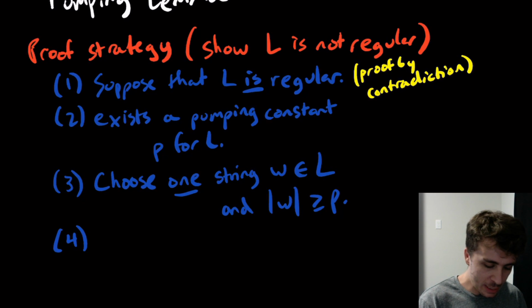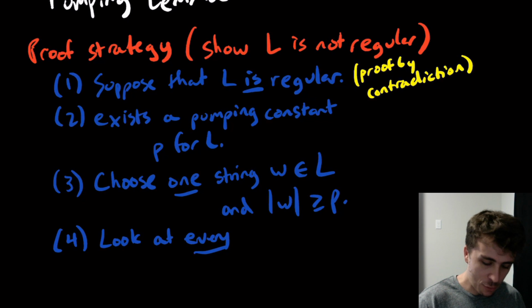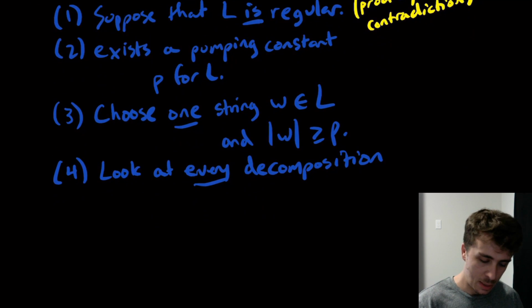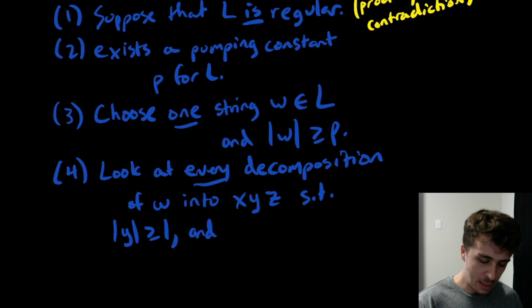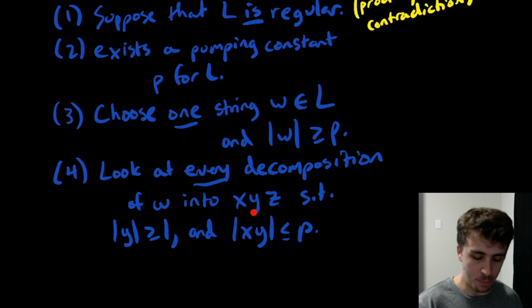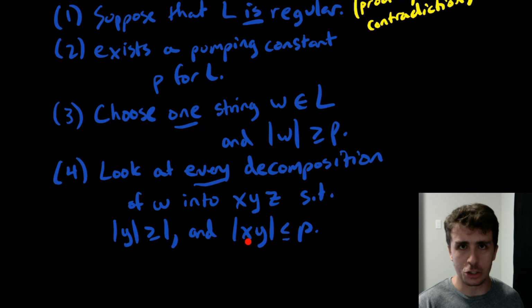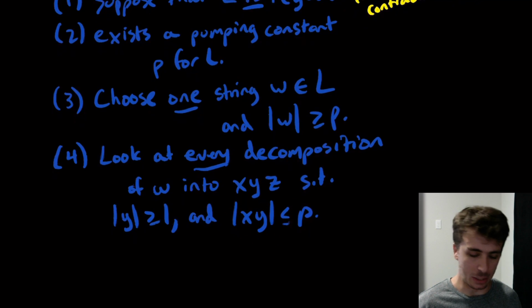So what we need to do is to look at every single decomposition of W into those three pieces, X, Y, and Z, such that the length of Y is at least 1, and the length of XY is at most P. If you remember from the proof video, we don't actually need this condition, but it makes it substantially easier.